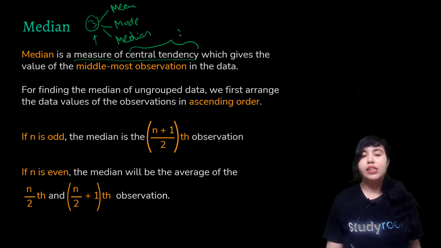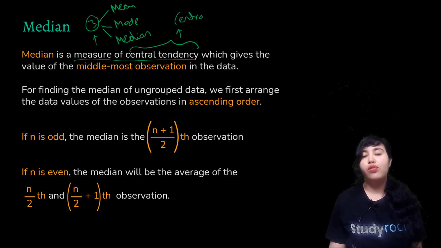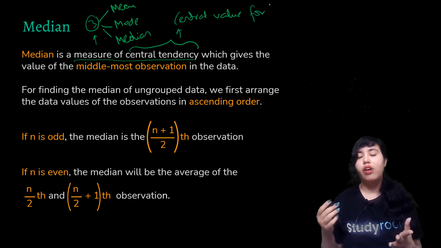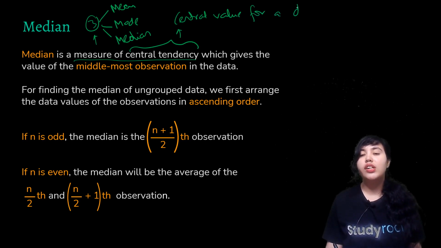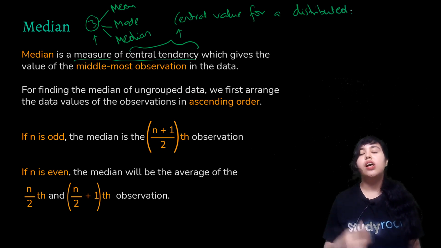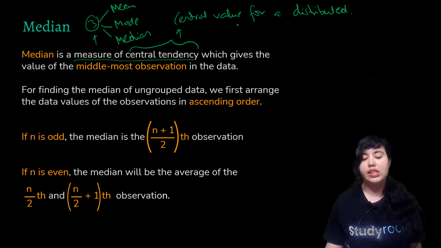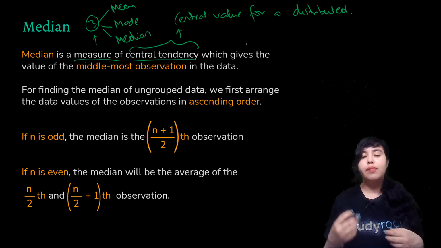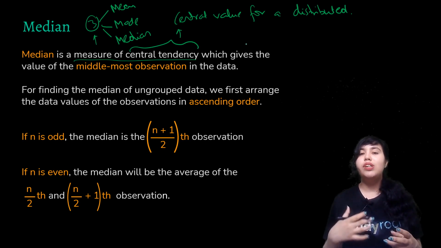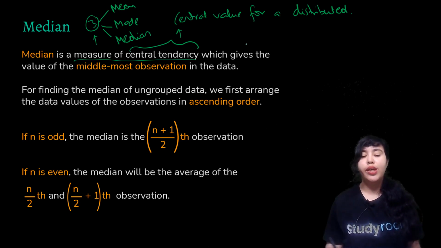Central tendency means the central value for a distribution. We've seen frequency distributions so far. The way you've distributed your data according to frequencies or whichever parameter, the central value for that is your central tendency. By measure of central tendency, we mean that we are measuring a single value which will describe your data set by identifying the central position within that set.